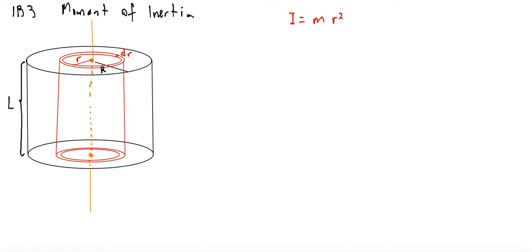The idea is to find an infinitely small moment of inertia by using an infinitely small mass. In other words, I've divided this into something which looks like a set of points.